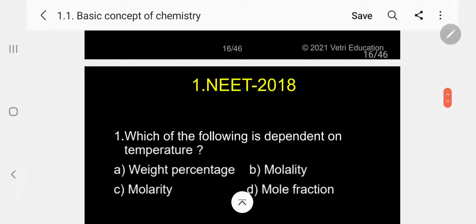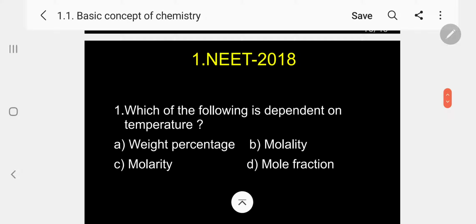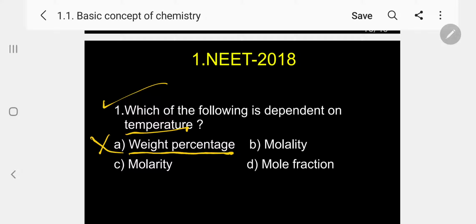So now kindly follow. I am giving the question here. Which of the following is dependent on temperature? Weight percentage. Weight may be the percentage of solute or solvent. So here we have seen already percentage means nothing but n1 by n1 plus n2 into 100. So it is not dependent on temperature.